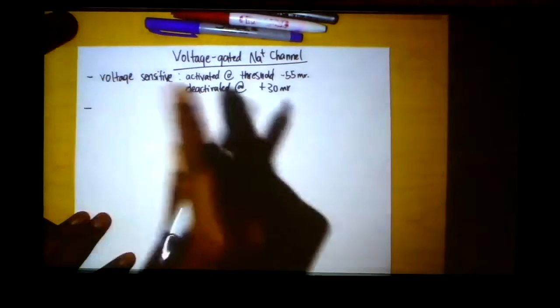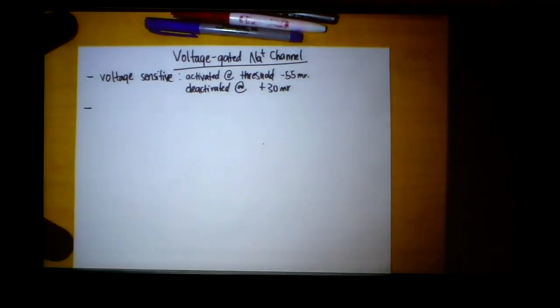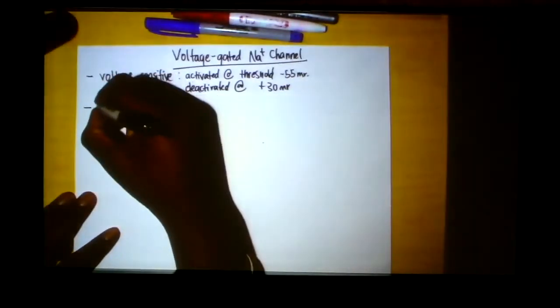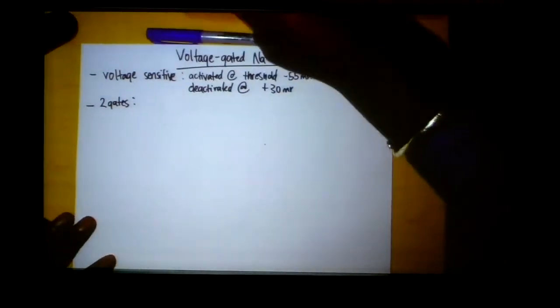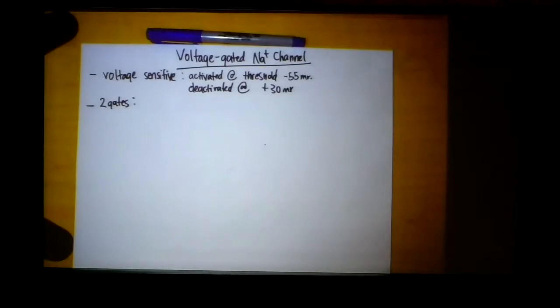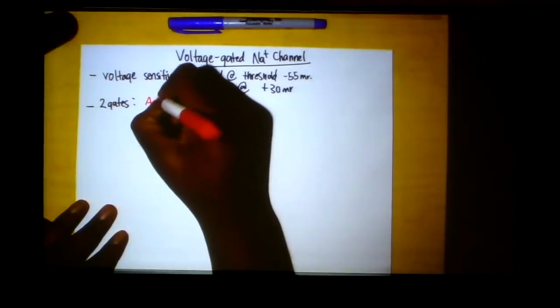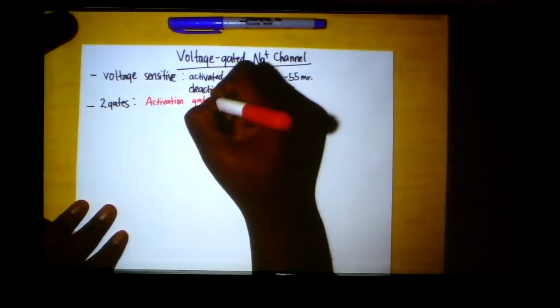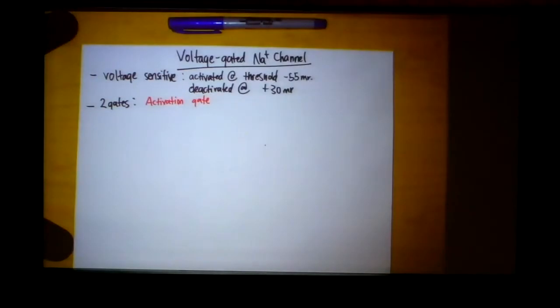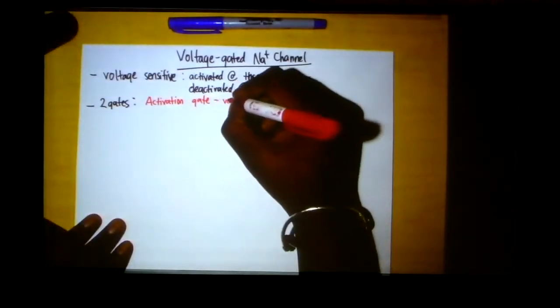Now, specifically for sodium's voltage-gated channel, there are two gates on there. Right, so two gates. And that's kind of where the confusion comes in with sodium. There's an activation gate. This is voltage dependent.